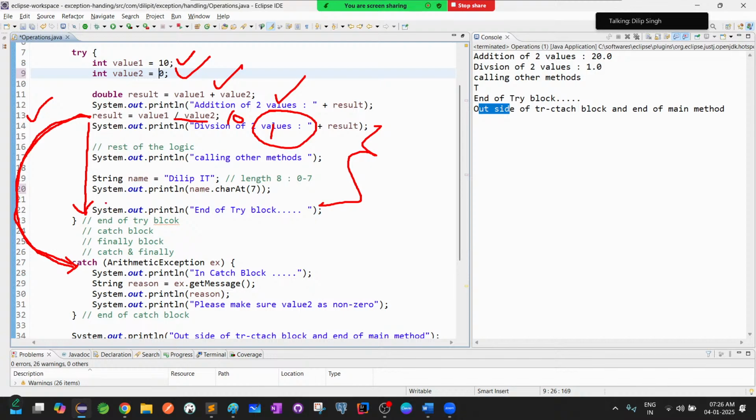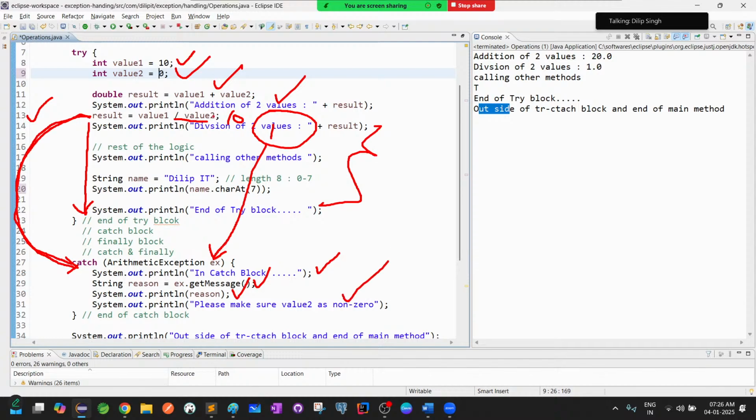So line number 14 to 22 will not execute. Why? It jumps immediately to the catch block, because it got an exception. By taking that exception object, JVM passes that object to the catch block, and the catch block starts executing. So you will see this line executed, this line executed, this line executed.